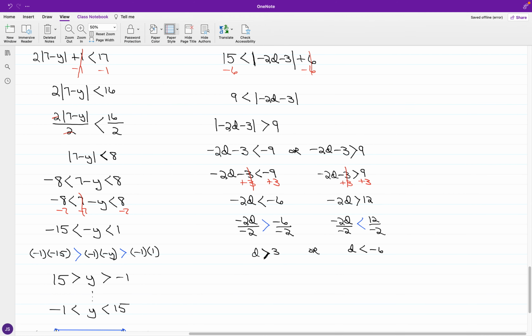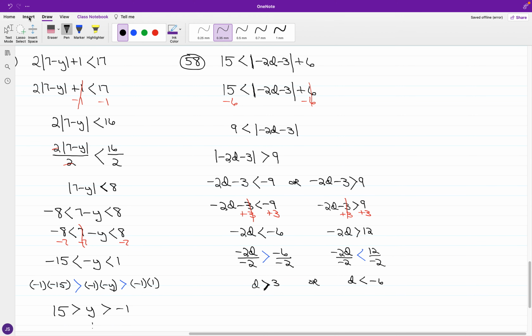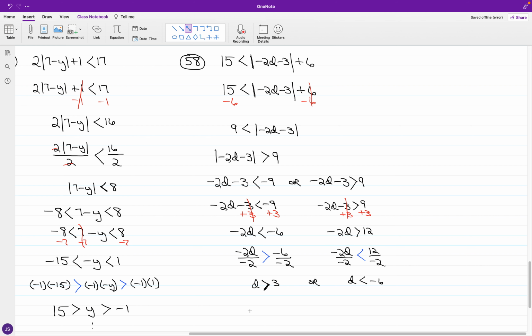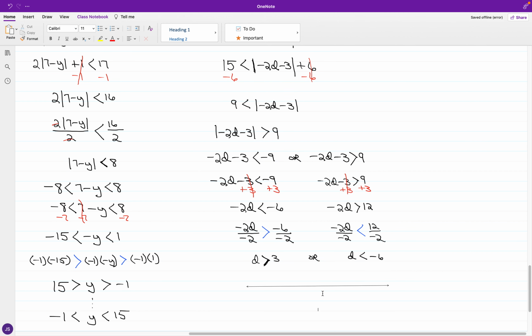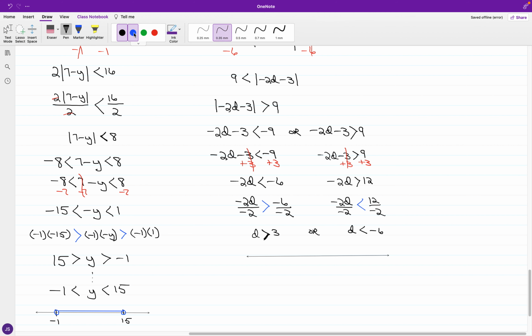So for what we have in the layout, working with 3 as well as negative 6, negative 6 is the lower, 3 the higher. Neither 3 nor negative 6 will be included.